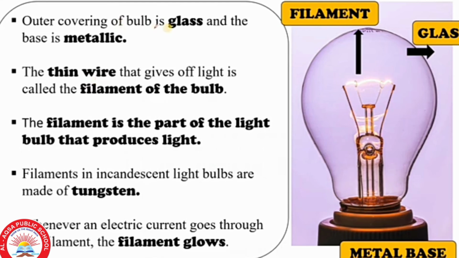The filament is the part of the light bulb that produces light. The filament is made of the metal tungsten. Whenever an electric current goes through the filament, the filament glows.